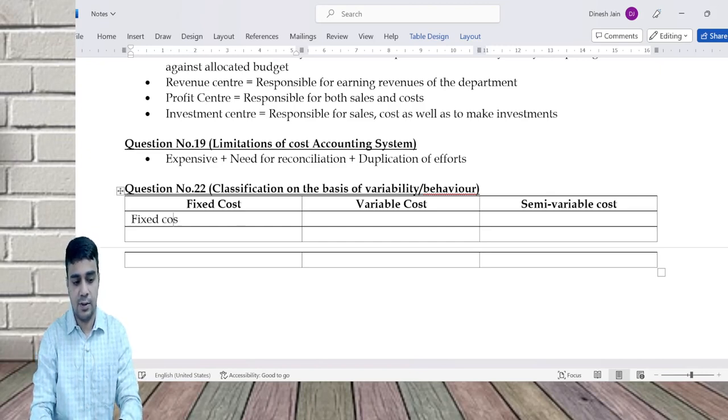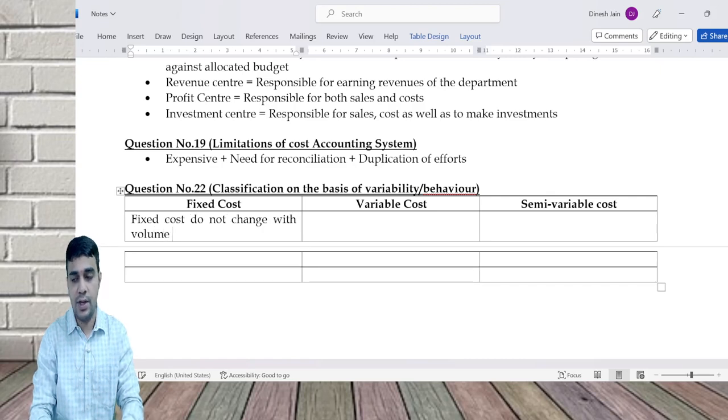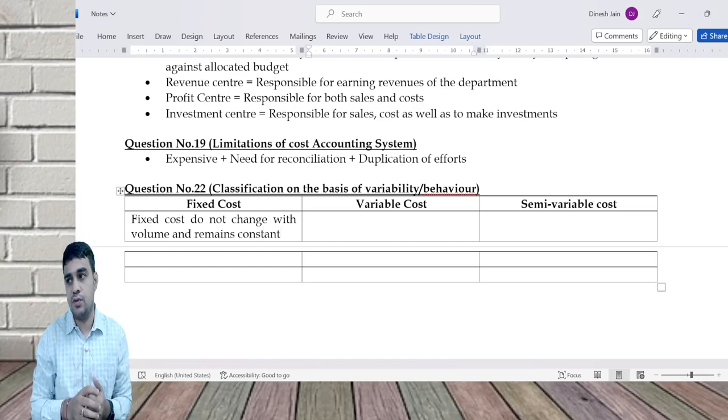Fixed cost does not change with volume and remains constant.